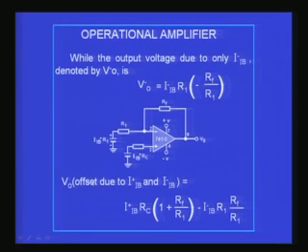So the total offset voltage due to the two currents IIB plus and IIB minus is nothing but the sum of the two terms that we already got. This is the first term, IIB plus into RC multiplied by 1 plus RF by R1, minus, this minus comes because there is a minus in the gain factor since it is an inverting amplifier, IIB minus into R1 multiplied by RF by R1.